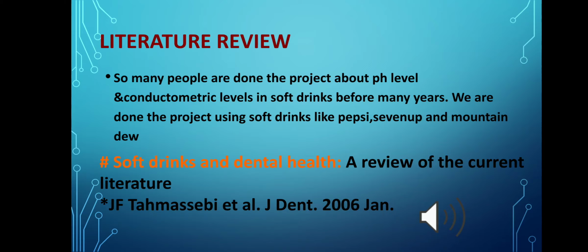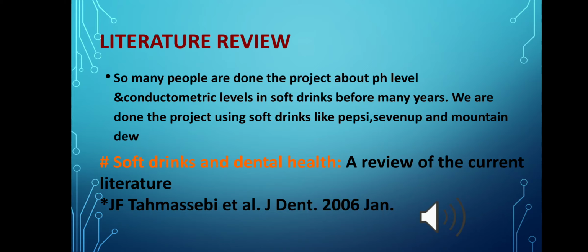We also know that the pH of the stomach is 1.5 to 3.5. Nearly, the Pepsi pH is 2.53. The value was calculated in our chemistry lab because our project is soft drinks.